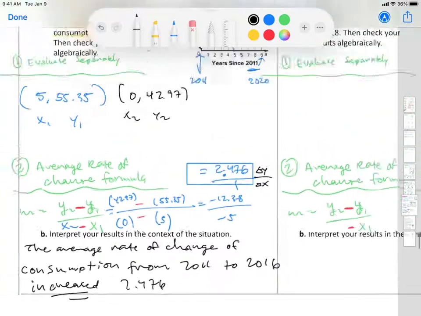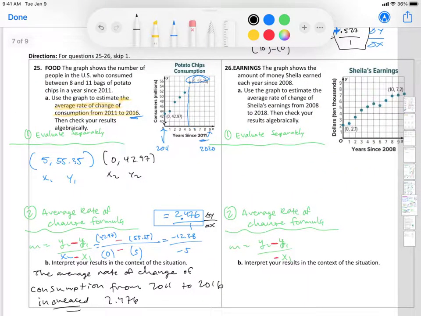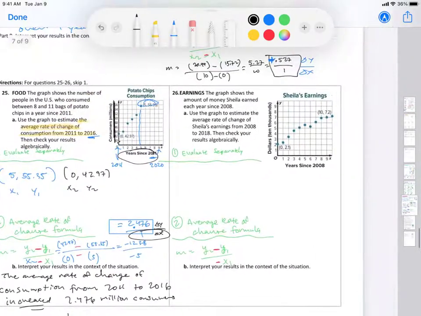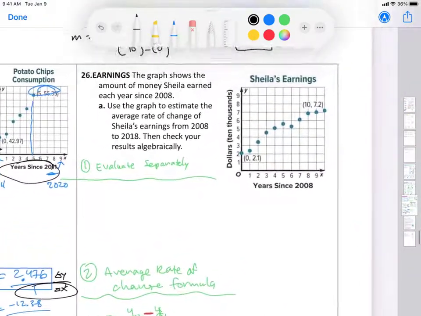Change of y over change of x, so look at your y-axis. Consumption in millions. Over 1 year. Again, you could have said 12.38 over 5 years, but it's just easier to say it over 1 year.